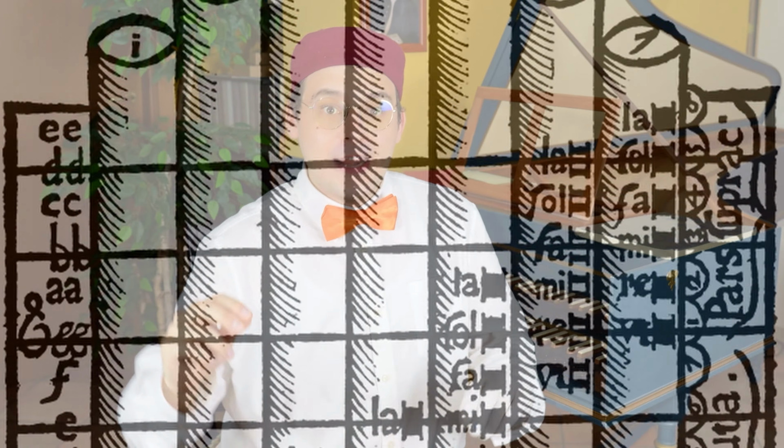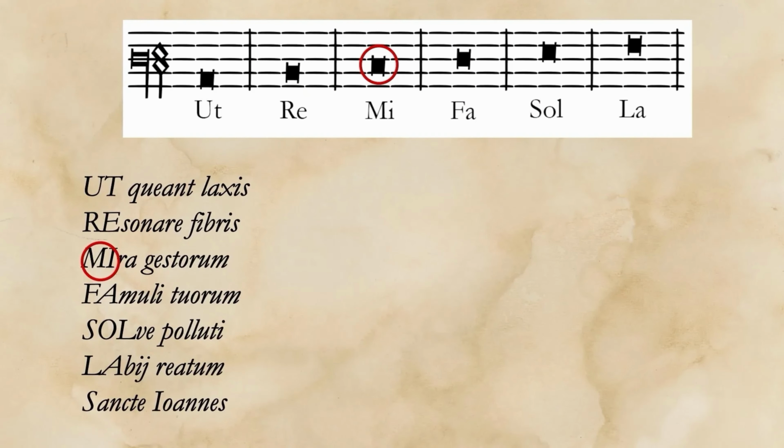Hexachordal solmization is the system used by musicians of the Renaissance and Baroque periods to read music. It is a system built on a great scale of 20 letters and a hexachord of 6 syllables: ut, re, mi, fa, sol, la. If you love Renaissance and Baroque music, you should know more about that.